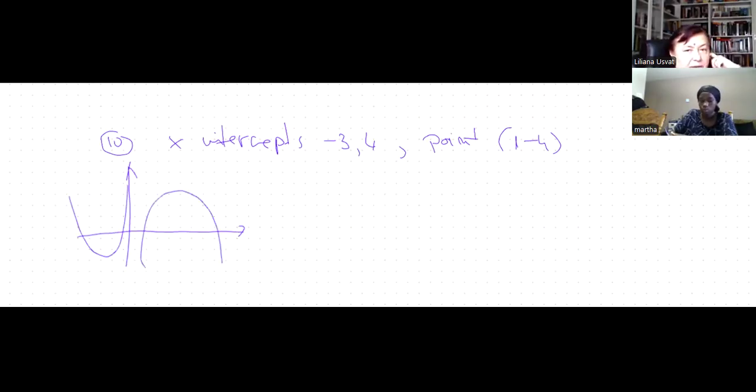It can face up or face down. This is the x-axis, this is the y-axis. The x-intercepts are the intersection of the parabola with the x-axis. So this we call the x-intercept, and this happens when y equals 0.